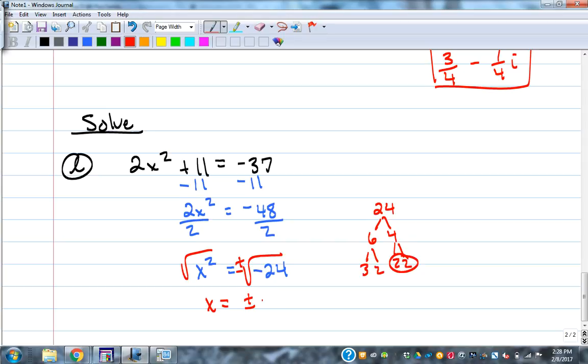We've got a pair of 2's, so it's 2. What else comes out? i radical 6, or i square root of 6. And that's the solutions to that one. So the only difference is you're going to have to pull an i out when you simplify your square root. That's the only difference that happens with this particular section.